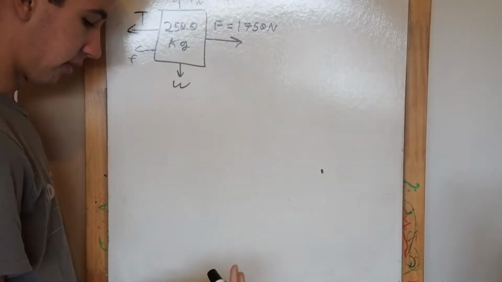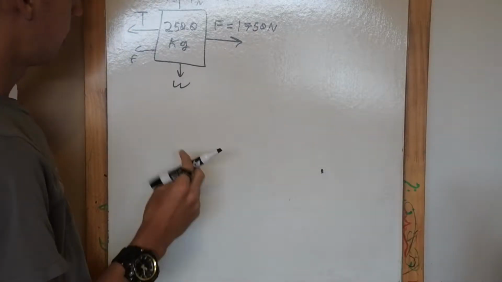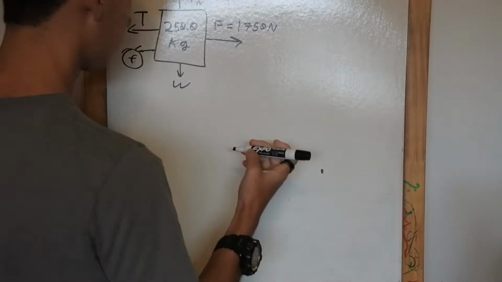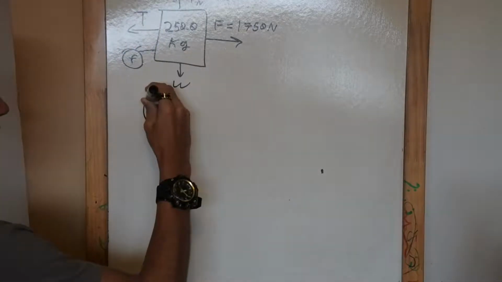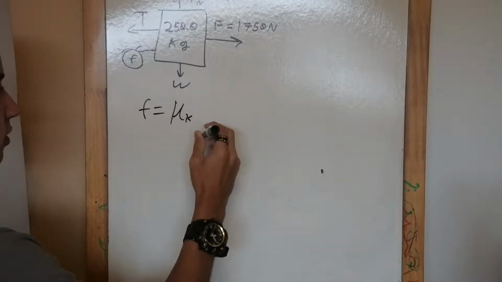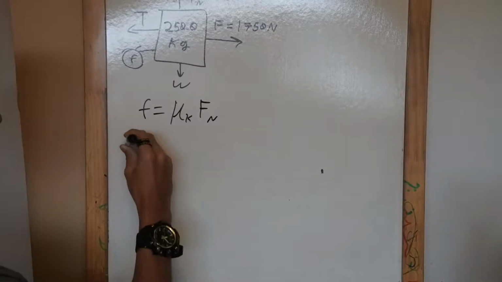So, how do we plug all these variables into an equation that can help us? Again, we're going to start with friction. So we have little f equal to the coefficient of kinetic friction times the normal force.